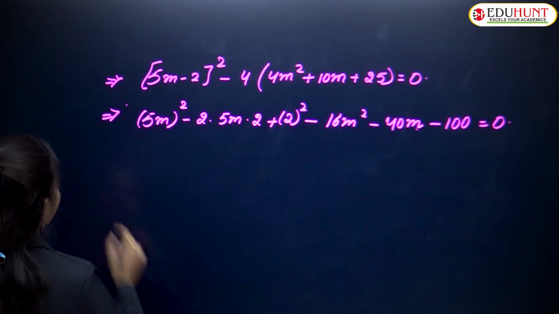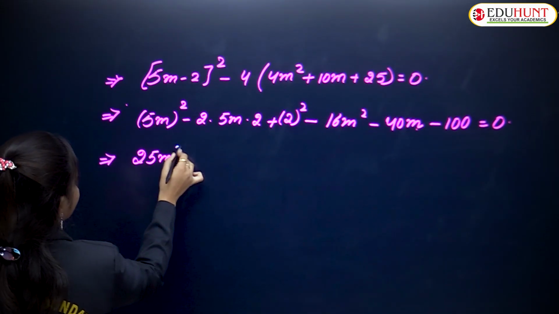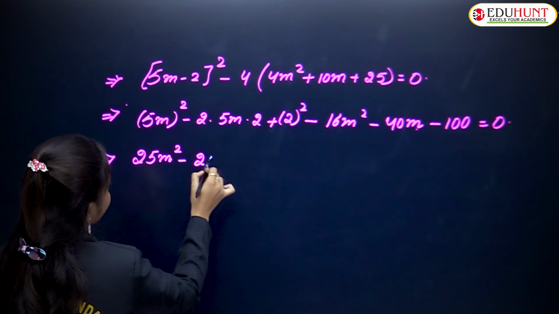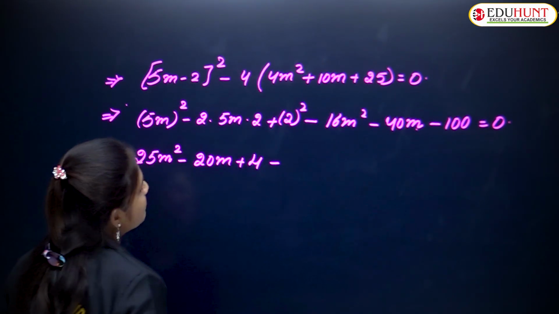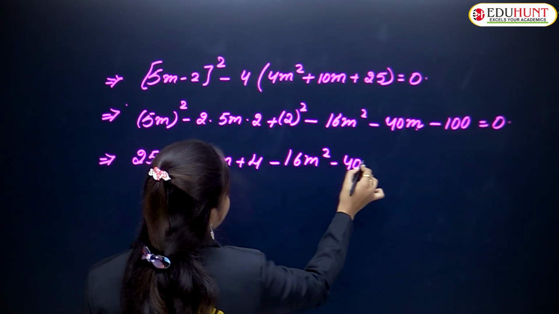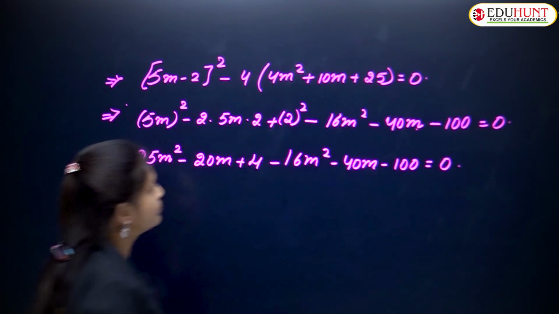Clear? Now simplify this. 5 5's 25m square minus 2 5's 10, 10 2's 20m plus 2 square is 4, minus 16m square minus 40m minus 100 is equal to 0.